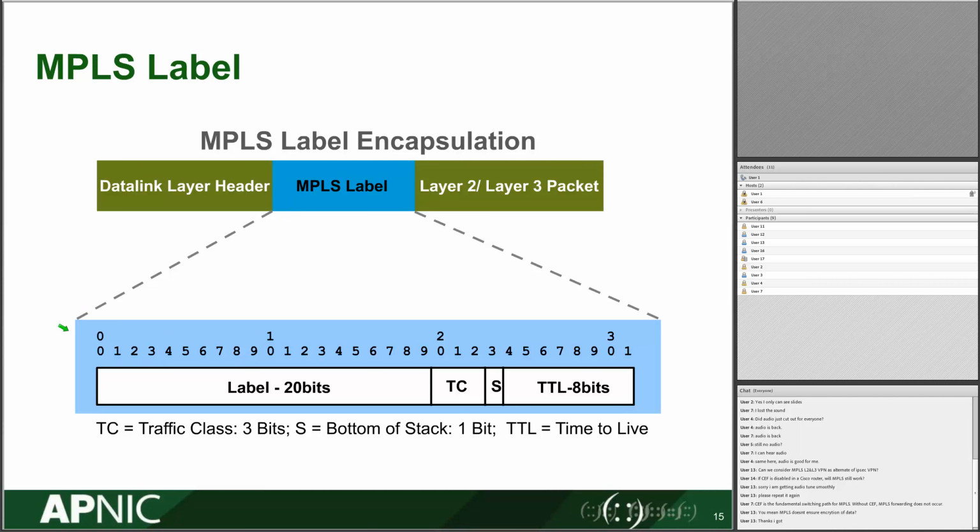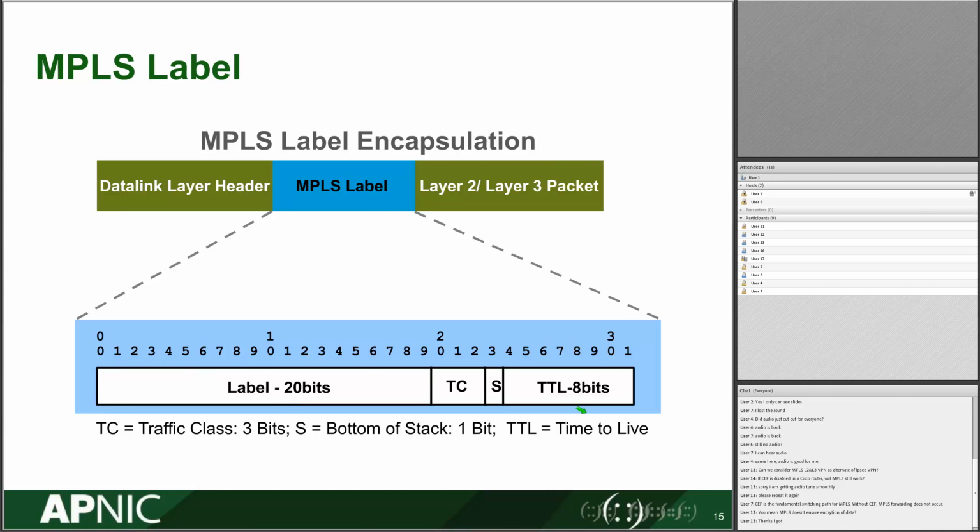One label, the length is 32 bits. And the exact label value will be 20 bits. Okay, so the label value is exactly 20 bits. Not the whole 32 bits are for the label, no, only the 20 bits here. And then for MPLS we have TTL, time to live, 8 bits.